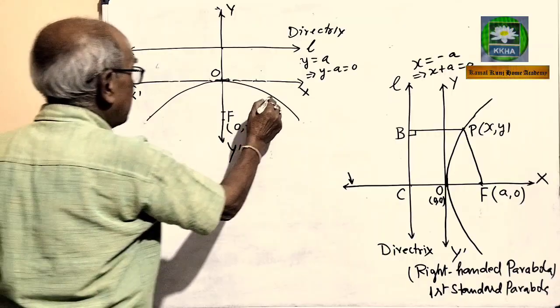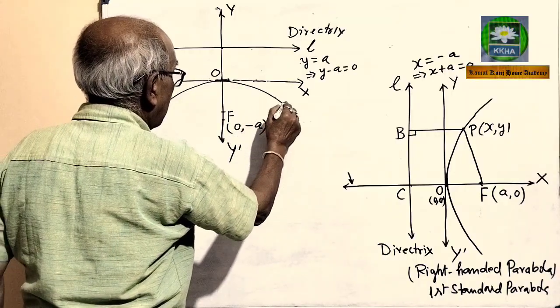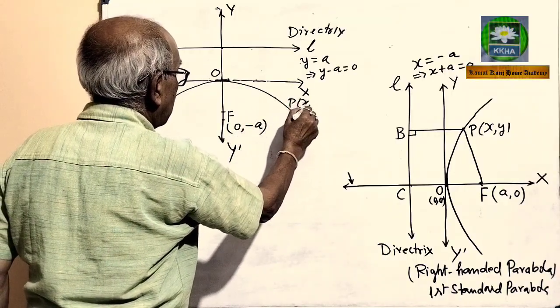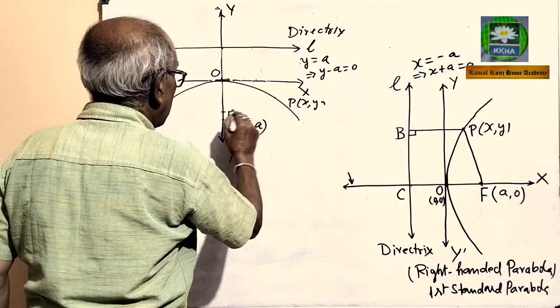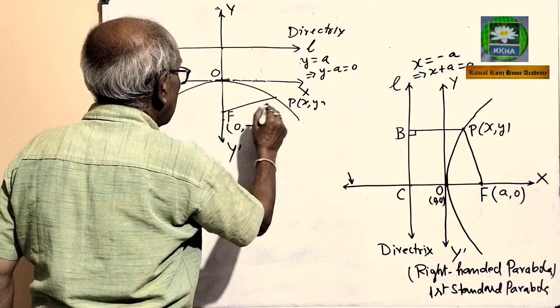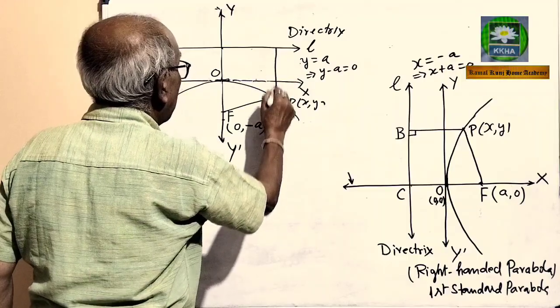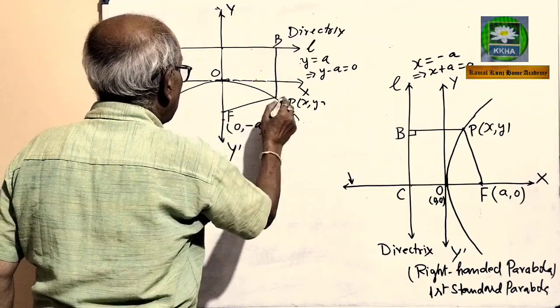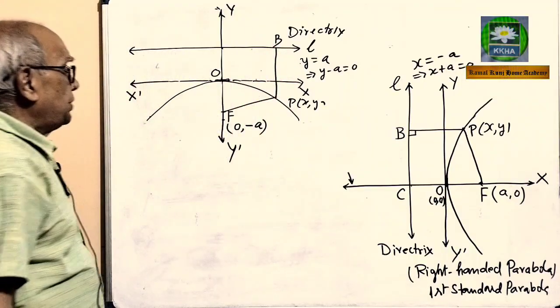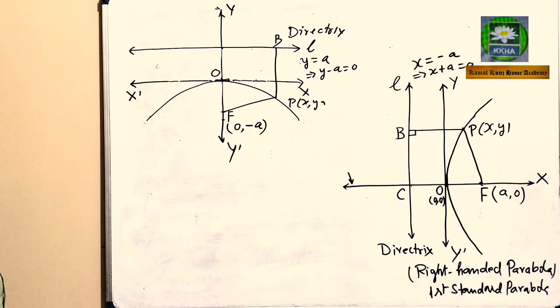There is a point P (x, y) on the parabola, then this distance PF, and from here draw a perpendicular on the directrix. So PF will be equal to PB as per the definition of a parabola.